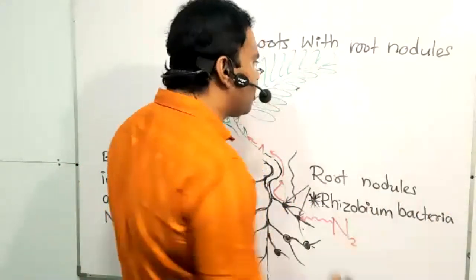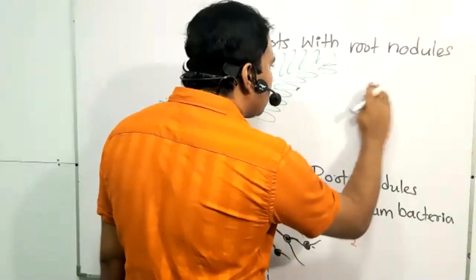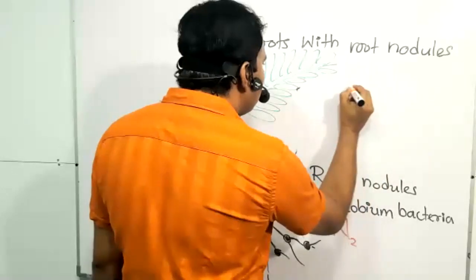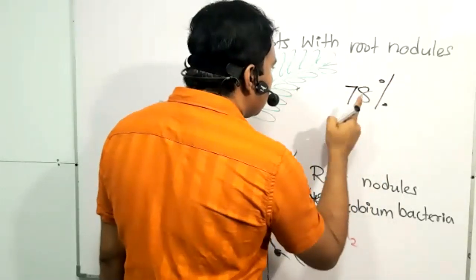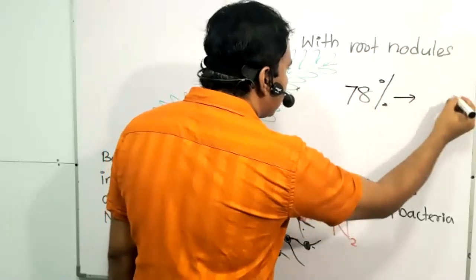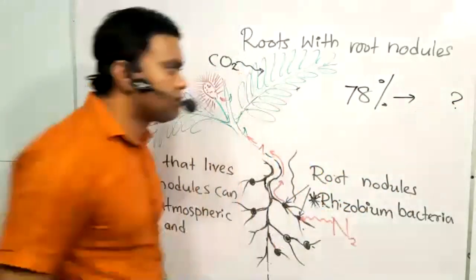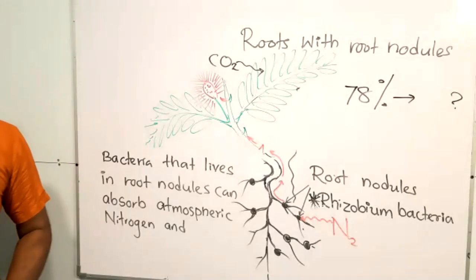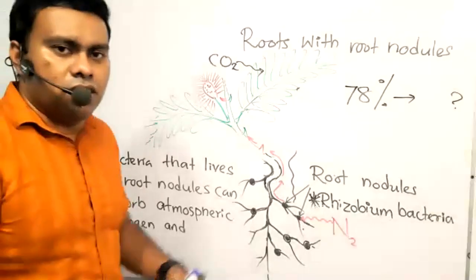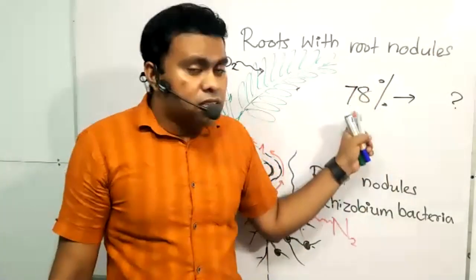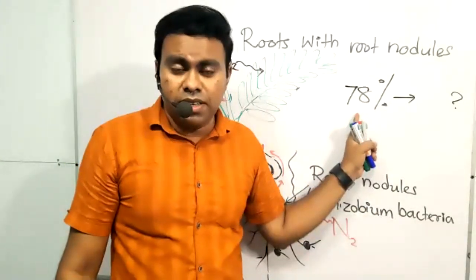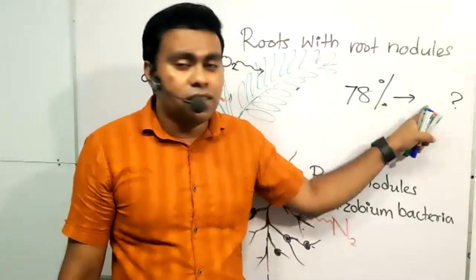Or before that, tell me, what is the gas in the atmosphere of which the percentage is 78%? In total atmospheric gases, the maximum percentage, 78%, is of a certain gas.